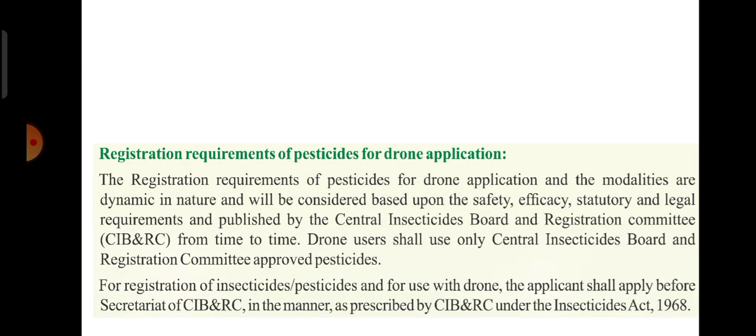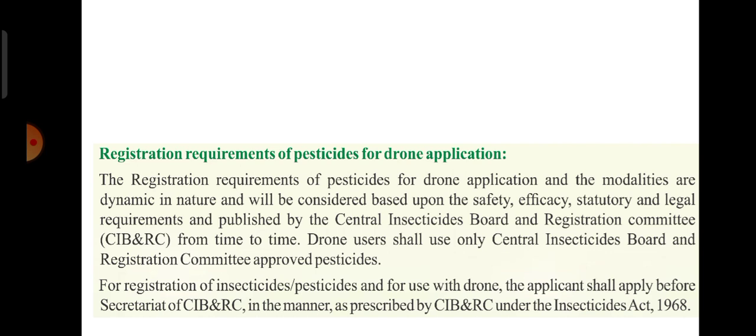Coming to the procedure for registration requirements of pesticides for drone application. The registration for drone application and modalities are dynamic in nature and will be considered based upon safety, efficacy, statutory and legal requirements and published by the Central Insecticide Board and Registration Committee from time to time.